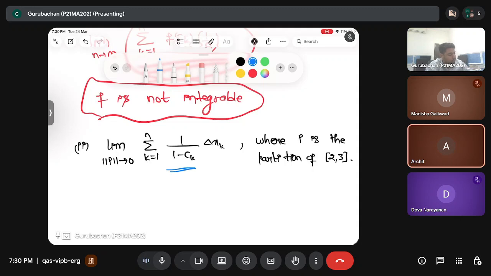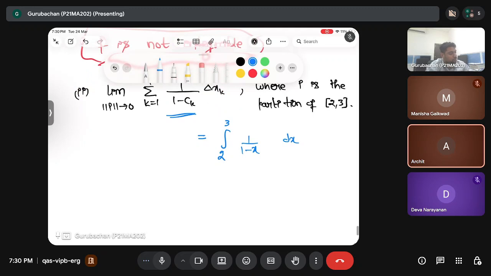So quickly tell me, what will be its integration value? From the previous one you obviously got to learn: 2 to 3, 1 upon 1 minus x. Good one.